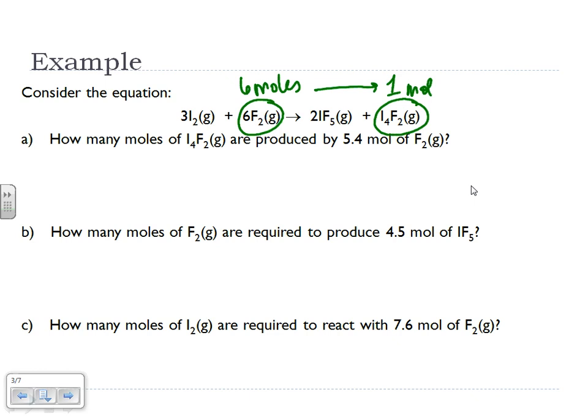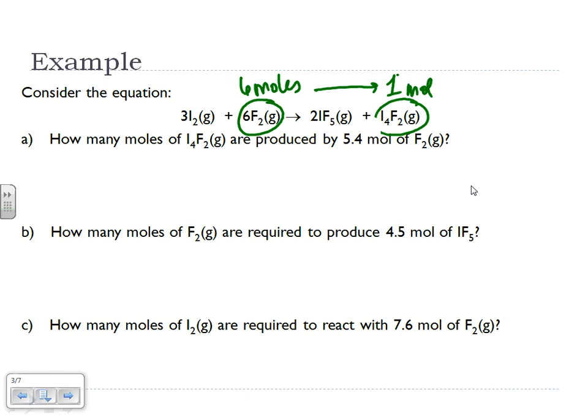Now my question is, I don't have 6 moles exactly, I only have 5.4 moles. So how many moles of I4F2 should I make? Even just by looking at it, you should know 5.4 is a little bit less than 6. So if my ratio is correct, then I should end up with something a little bit less than 1 mole of I4F2. So how do we write this down and how do we actually calculate it?